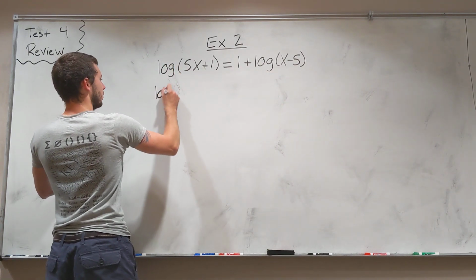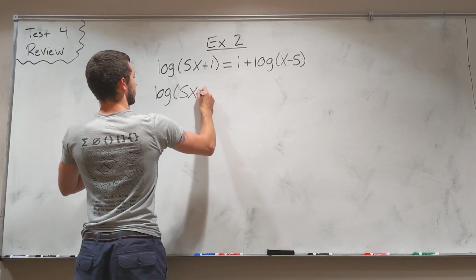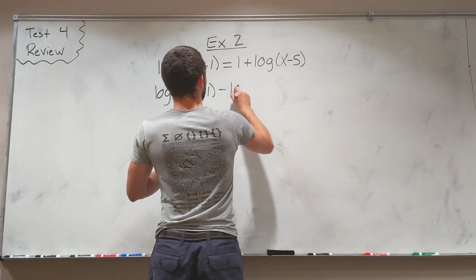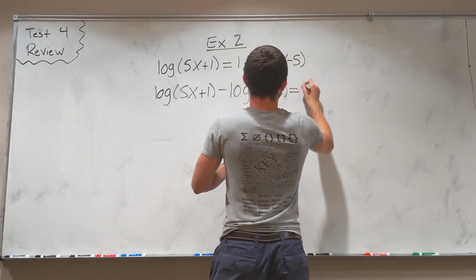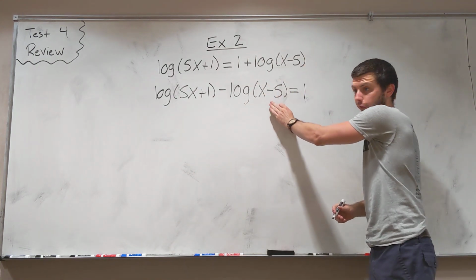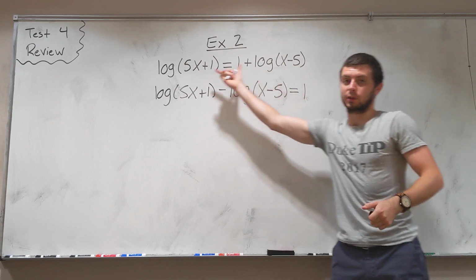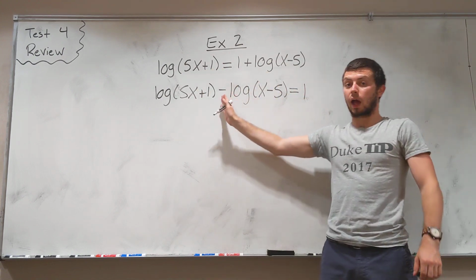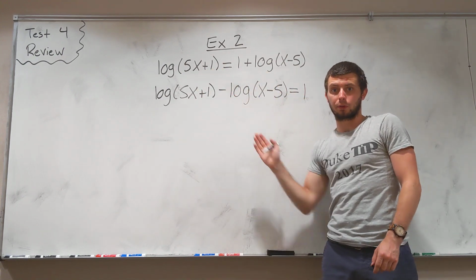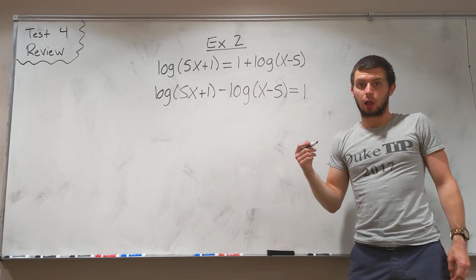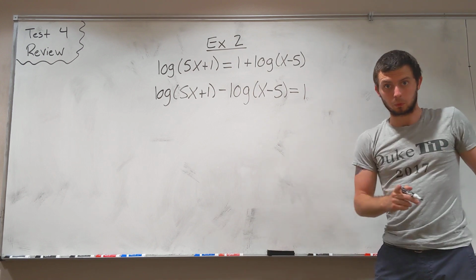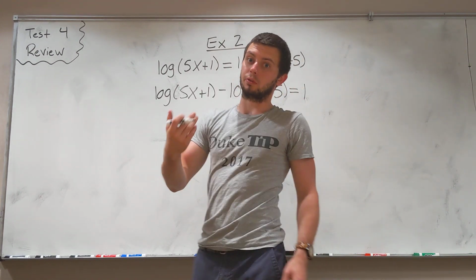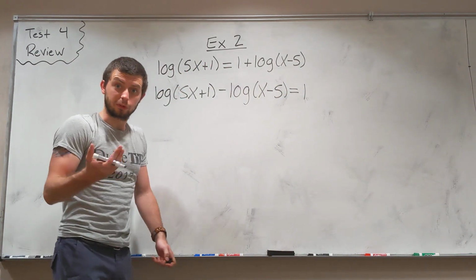And what we will have is exactly this expression here. So all I did was bring this over. Because once we have 2 logarithms subtracting one another, then we can utilize the quotient rule in this case. The quotient rule, if you don't remember it, you do need to know it for the test.